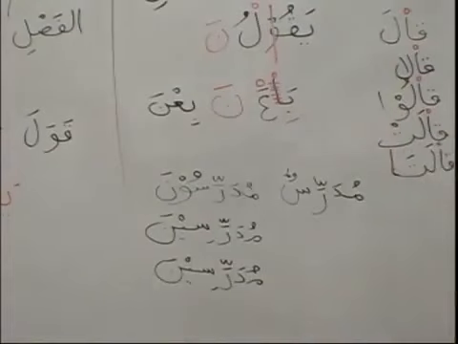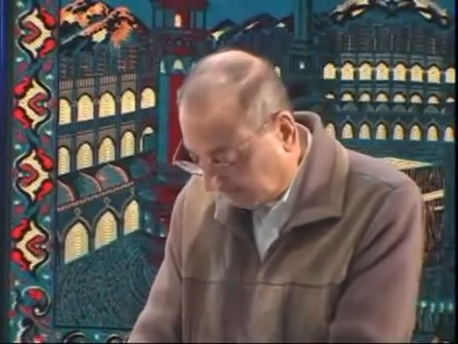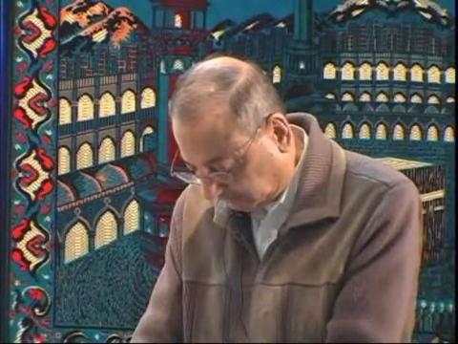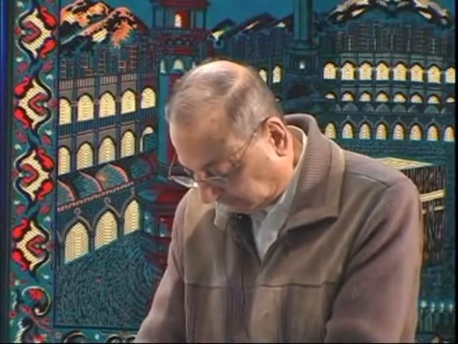Now we go to exercise number 4, brothers and sisters. I want to go to the exercise first before I go to the main lesson. Exercise 4. Are you there, everybody? Yes.